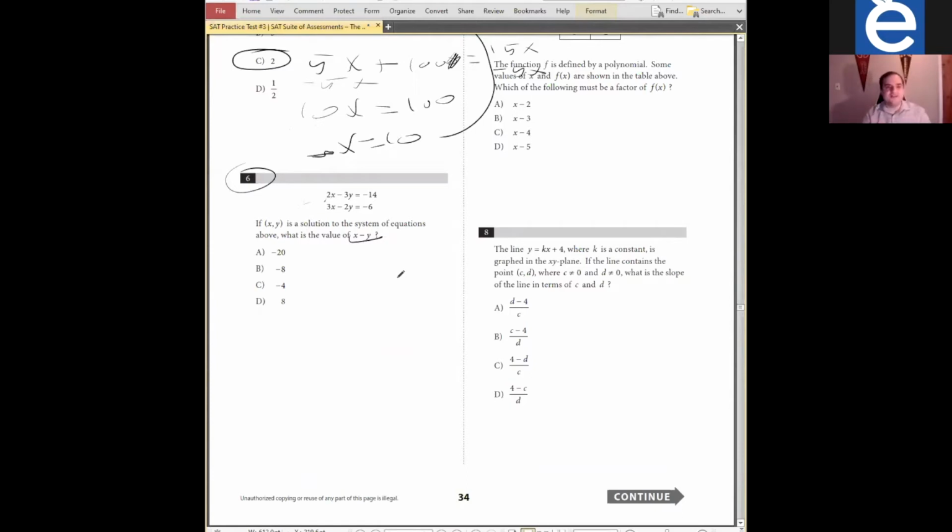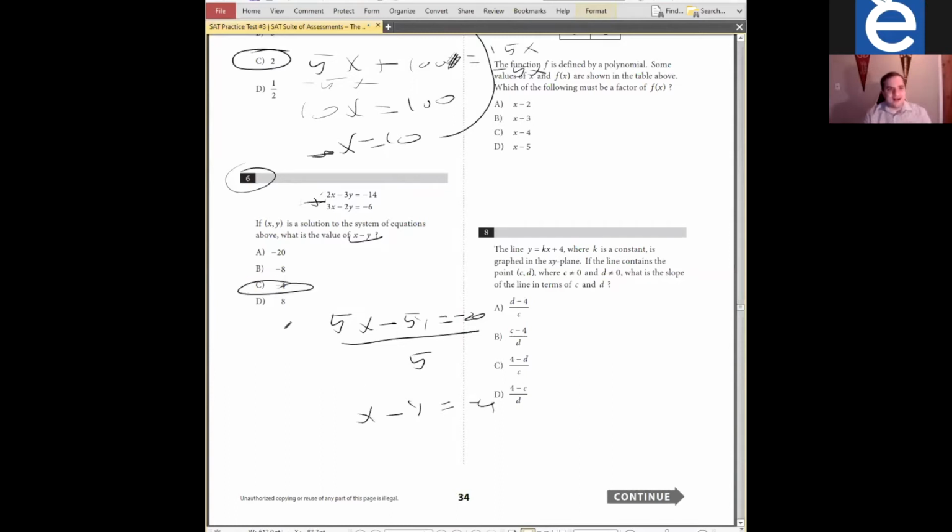You could solve for x and y individually, but if you actually just add these together, you'll have 5x minus 5y is equal to negative 20. Well, if we just divide everything by 5, we have x minus y is equal to negative 4.